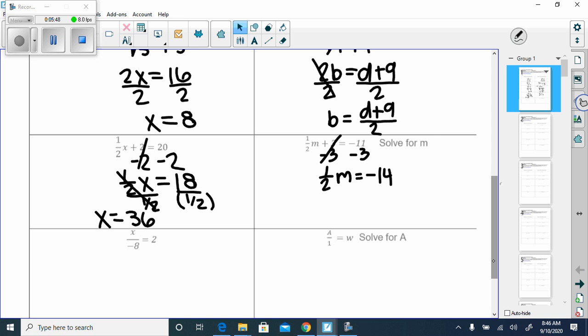Same idea, right? We need to divide by 1/2. Alright. This is actually one where we can go ahead and solve it, right? So what is negative 14 divided by 1/2? Good. So m equals negative 28. Good.